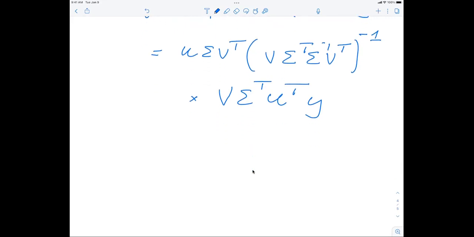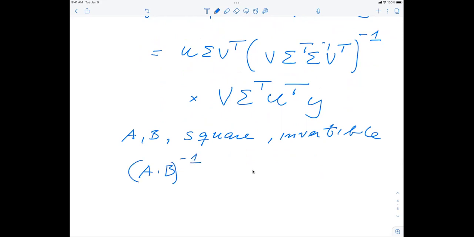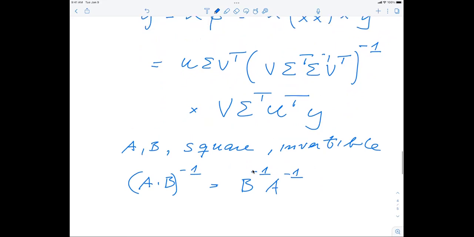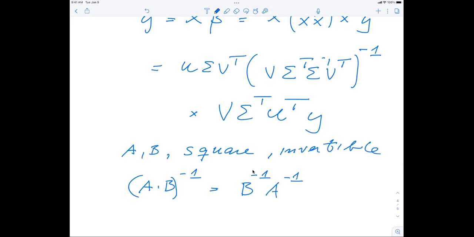If you have two matrices, A and B, and these are square matrices and they are invertible, then the inverse of the product AB is equal to B inverse times A inverse. I don't know if you've seen this relation. It's actually not so difficult to prove.